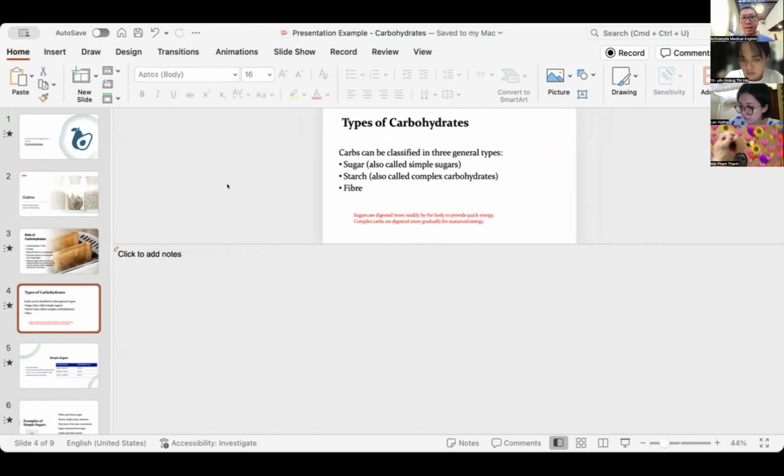And this one is how to introduce the types of carbohydrates. Or you can say some very important vocabulary to talk about types. It's the classification. Classify, it's a verb.